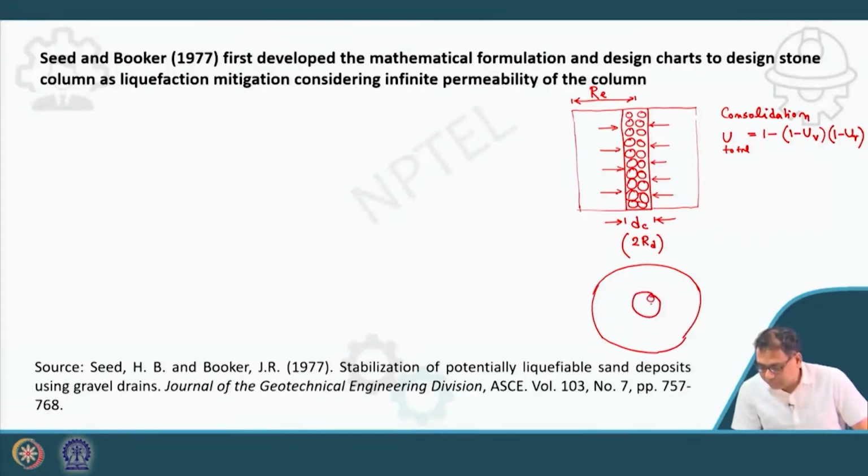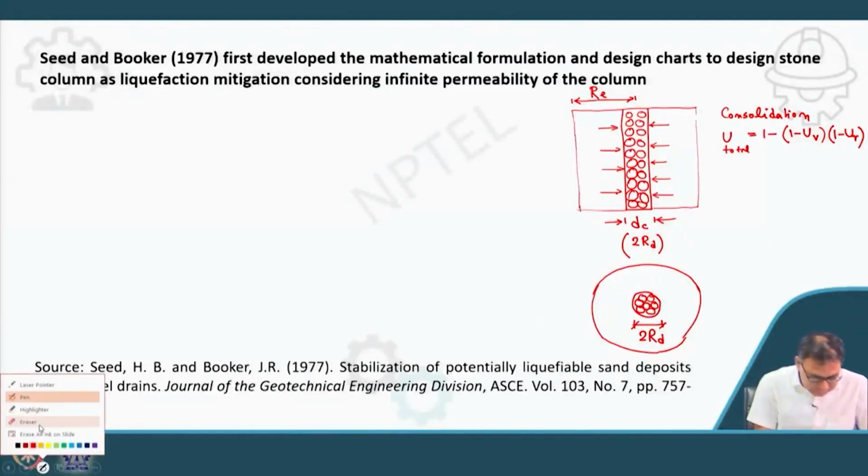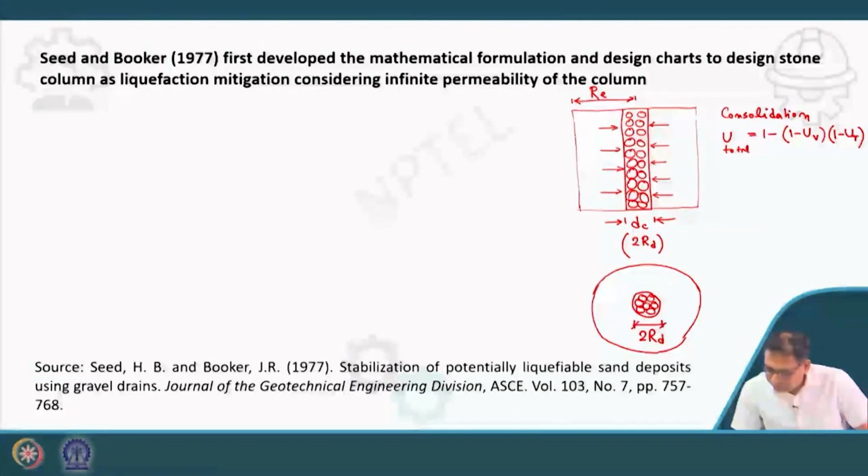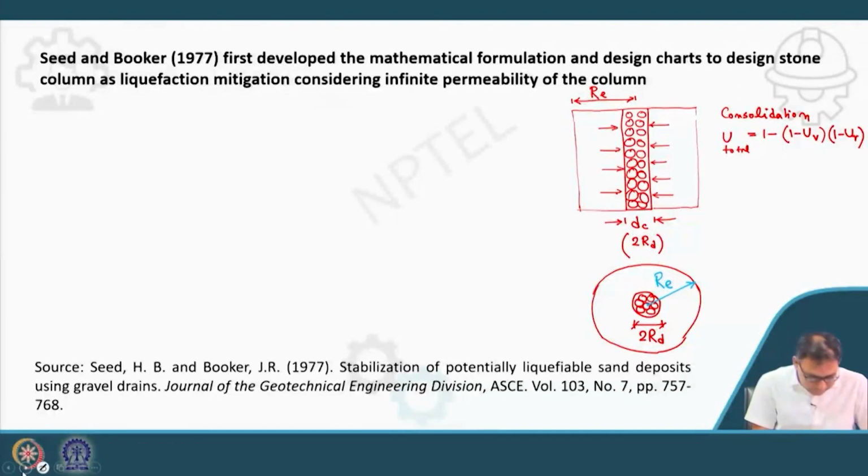plan, so this is my stone column, which is here written as RD, the radius of the drain, and this one is your RE, that means the radius of the influence zone.